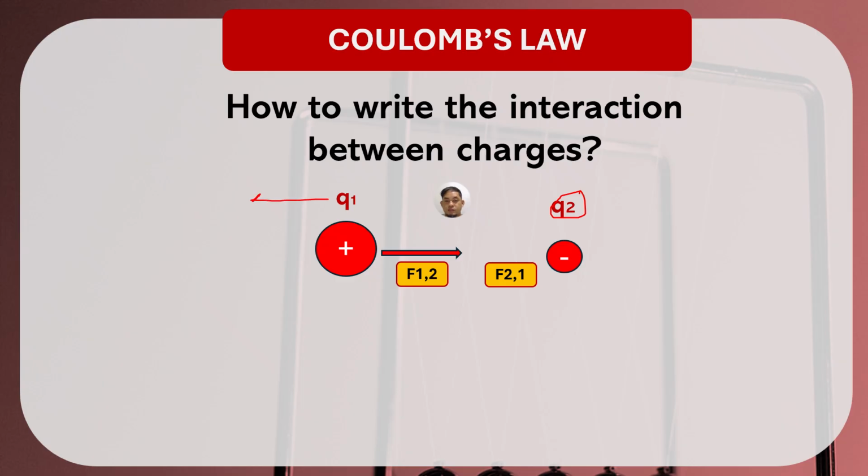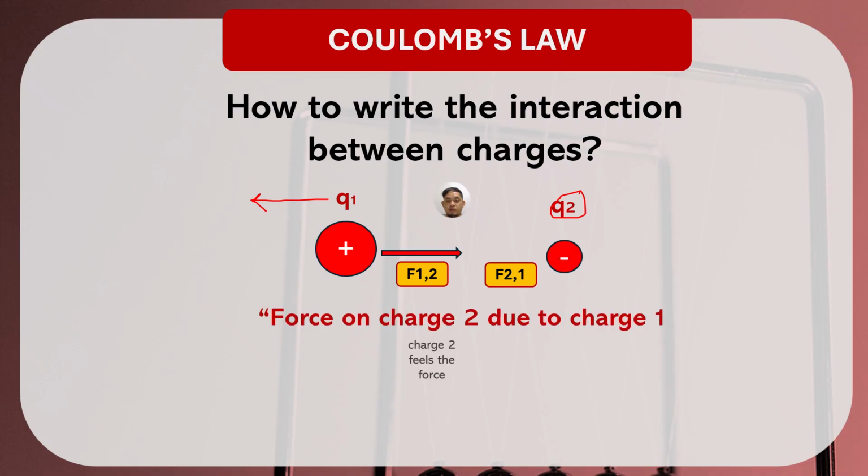That's why the direction will be going to the left, because charge 1 will pull charge 2 towards it, positive. So you can see the arrows are attracting, or pointing towards each other. It signifies attraction. Okay, I hope you got the point on how to jot it down.